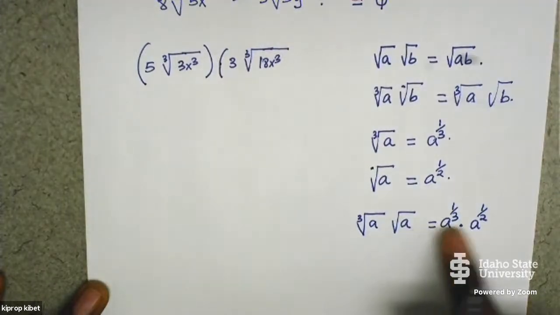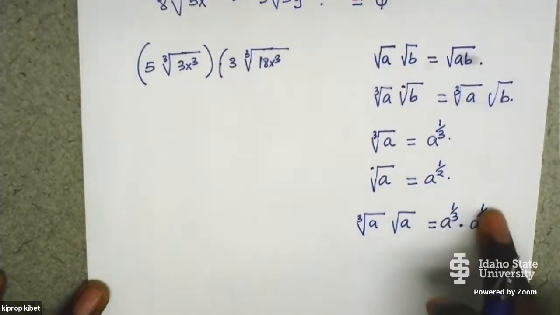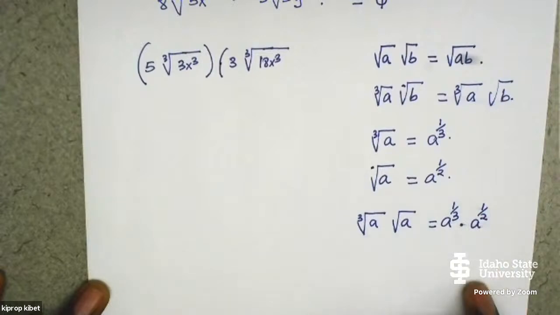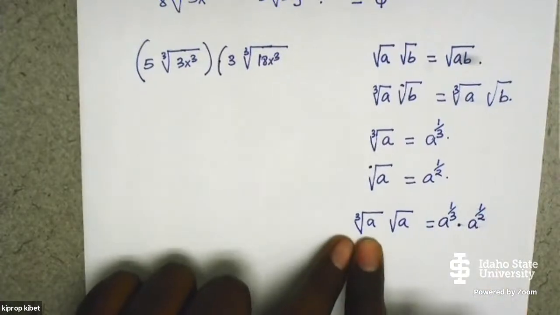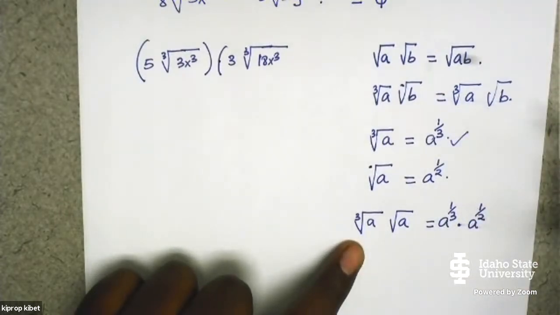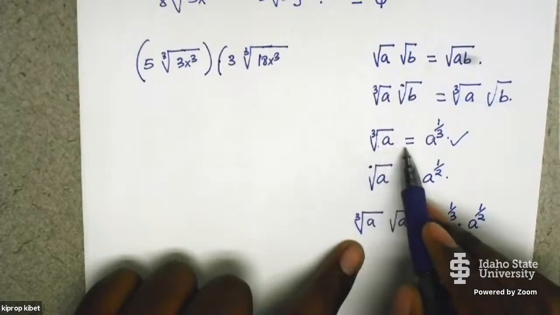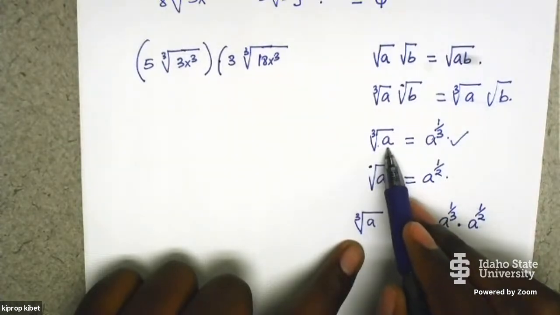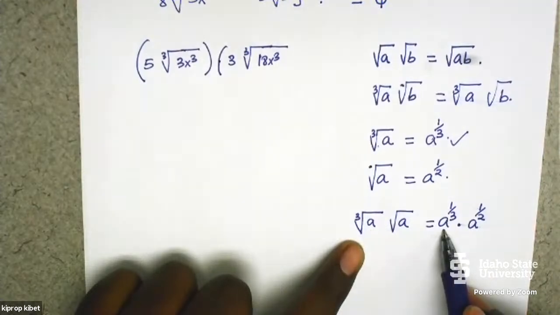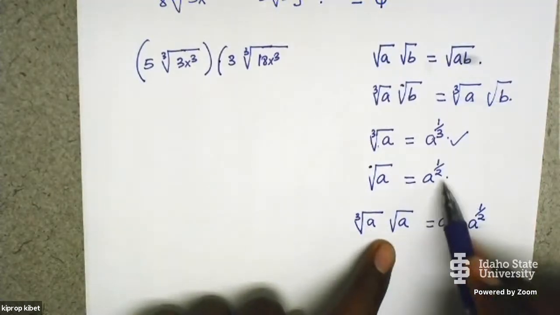Now, since the bases are the same, we add the powers, right? The cube root of A is similar to A raised to 1 over 3, and the square root of A is the same as A raised to 1 over 2.